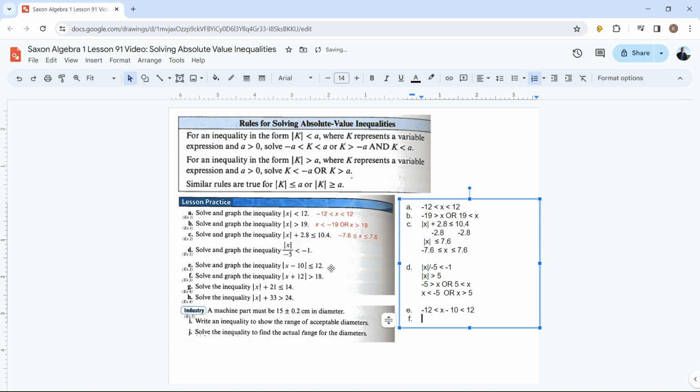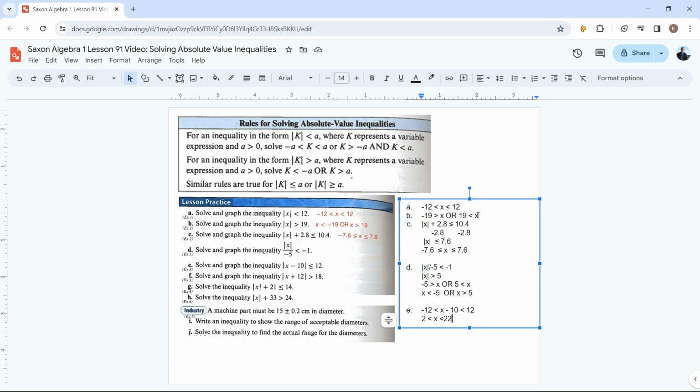Now I'm going to add 10 to all sides. That's going to give me 2 is less than x, which is less than, if I add 10 to 12, I get 22. All right, and that's how I work that sort of problem.